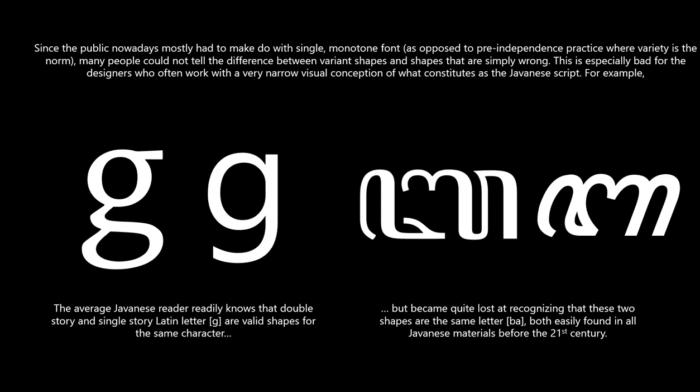And this is especially bad for designers who often work with a very narrow visual conception of what constitutes as the Javanese script. And so, to address this issue, it has been my personal goal to introduce the rich design legacy of the Javanese script as well as its potential application on the contemporary design landscape.